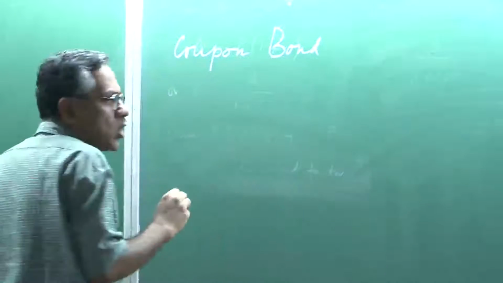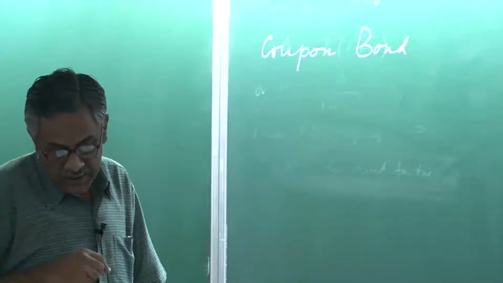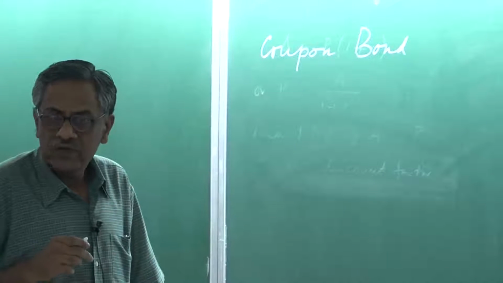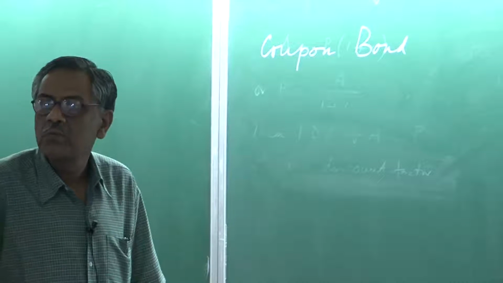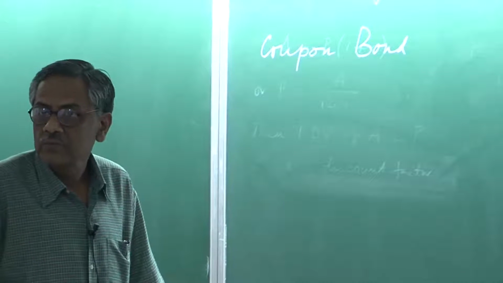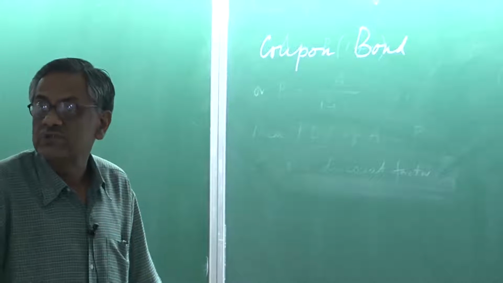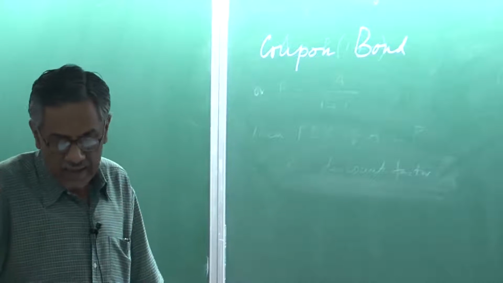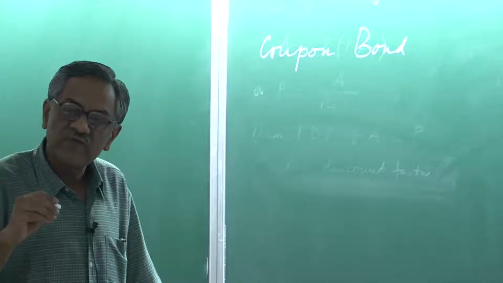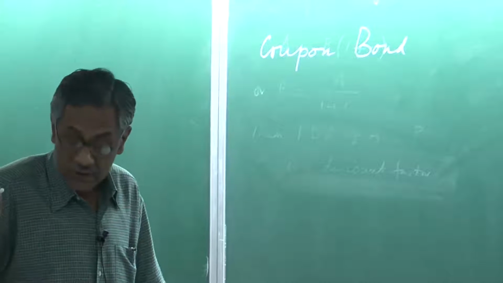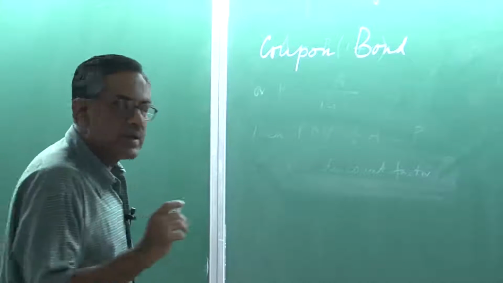Now, essentially, if you buy a coupon bond, there are various kinds of bonds, I am coming to that. What is a bond? It's a debt instrument. Somebody borrows money, say the government or a company borrowing money from you, selling coupon bonds which you purchase. What do you get? Every period you get a fixed interest payment, which is in fact written on the bond paper, known as the coupon payment.